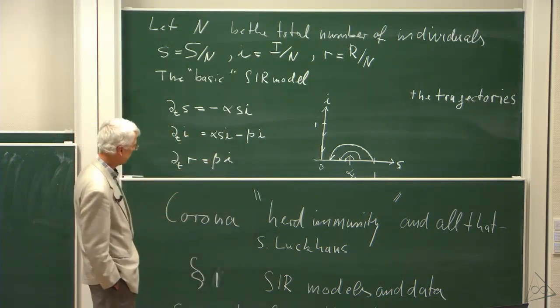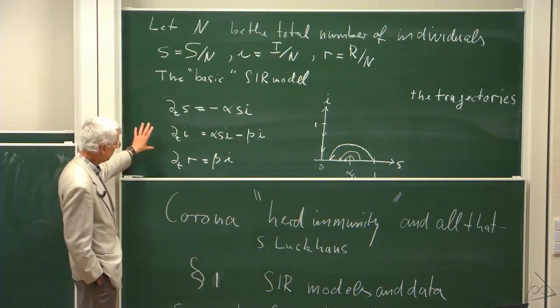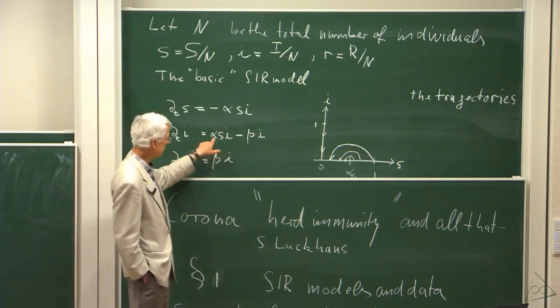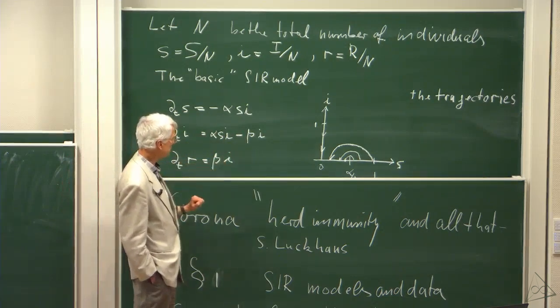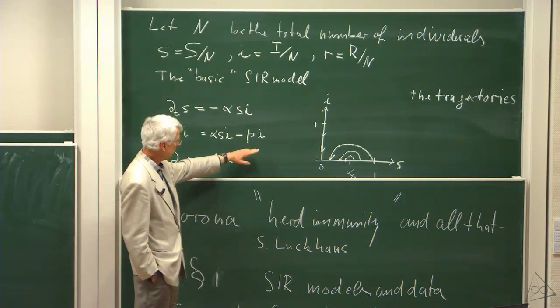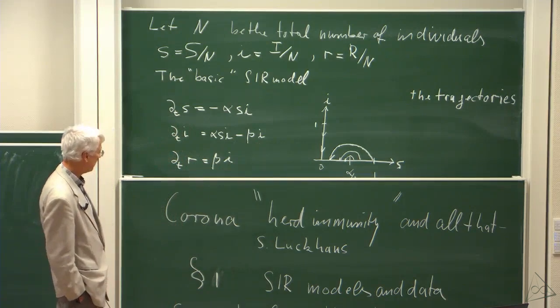Alpha is just a parameter in this model. And then you have in this model also the rate, that is the other part of it. So you have a rate at which infectious individuals are removed. So being removed could be taken into quarantine.